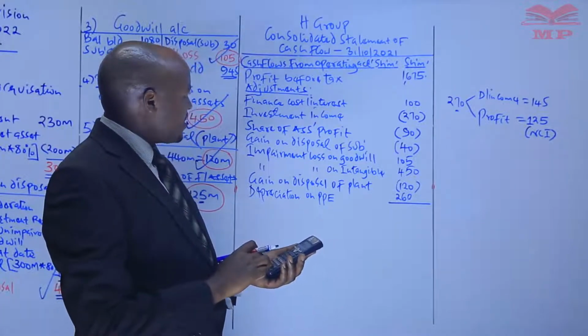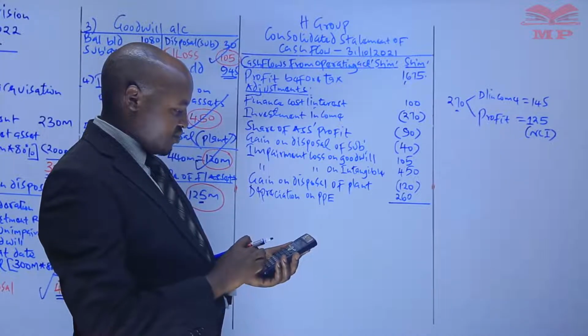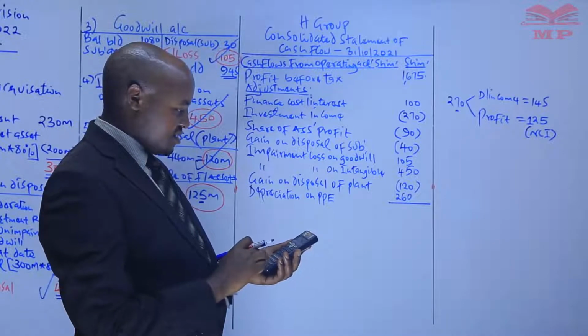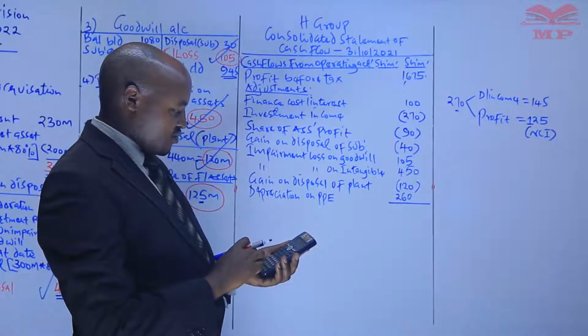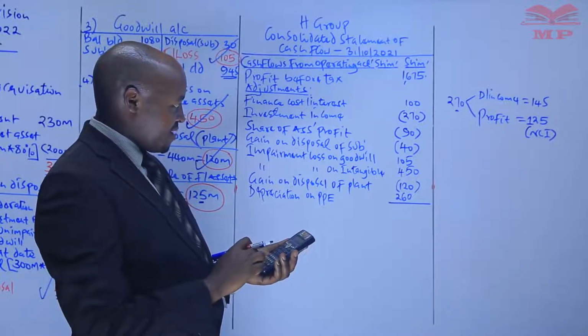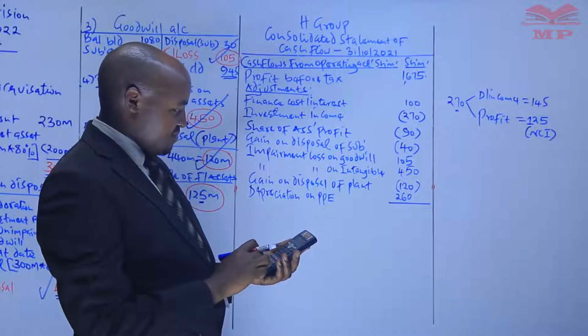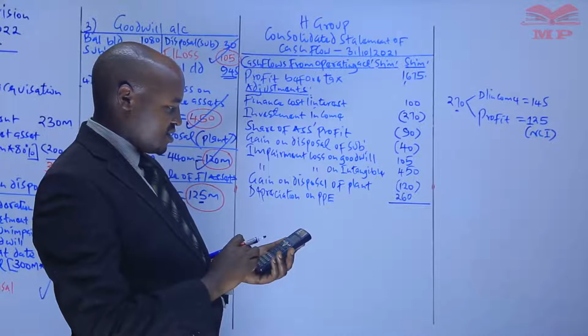1675 plus 100 minus 270 minus 90 minus 40 plus 105 plus 450 minus 120 plus 260.